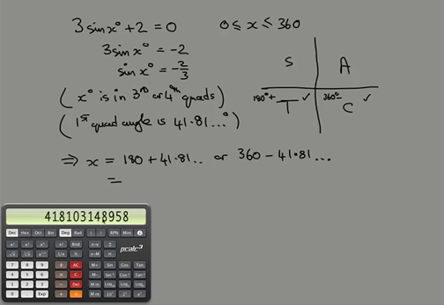So I don't want to keep repeating that calculation, so let's store it in the memory and try 180 first for the third quadrant angle. 180 plus, recall the memory, that equals 221.81, or 360 minus, recall the memory, and that gives me 318.18.